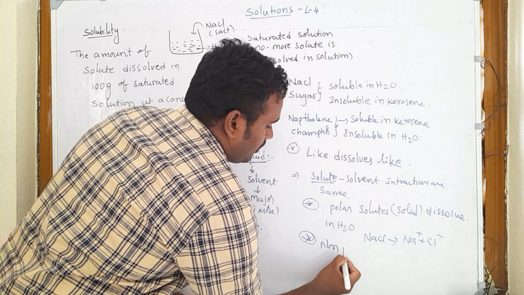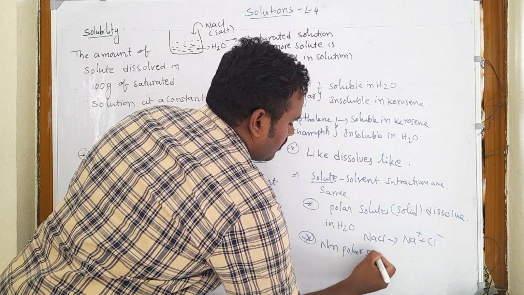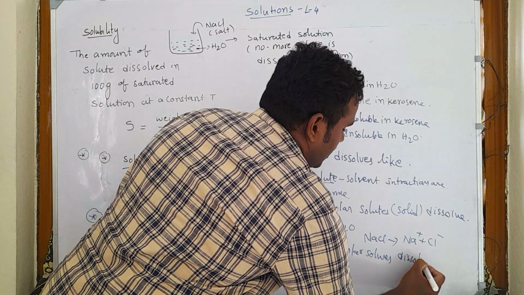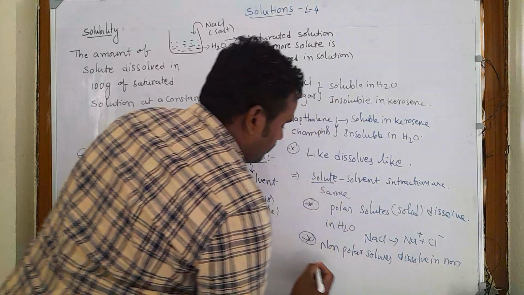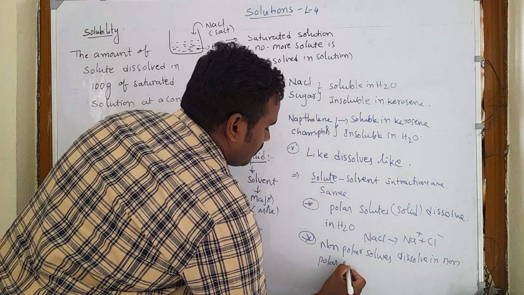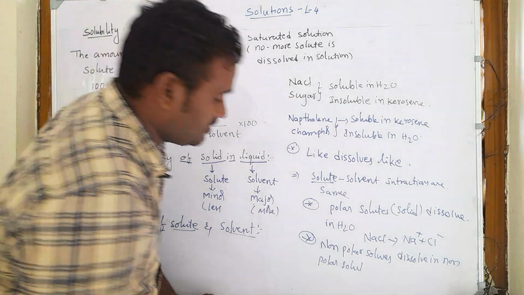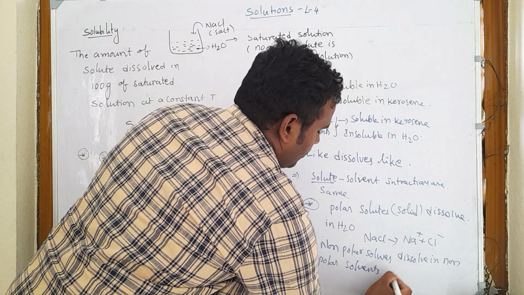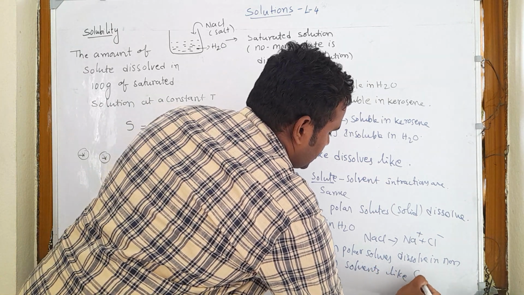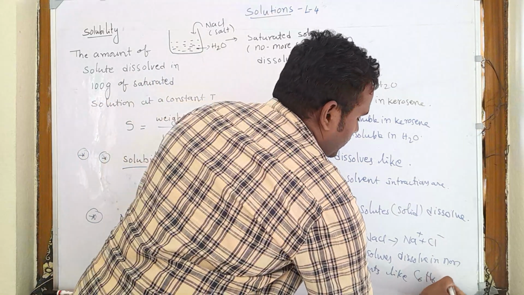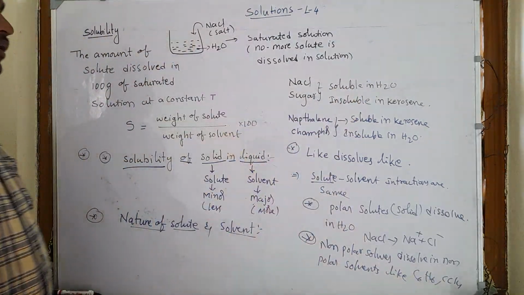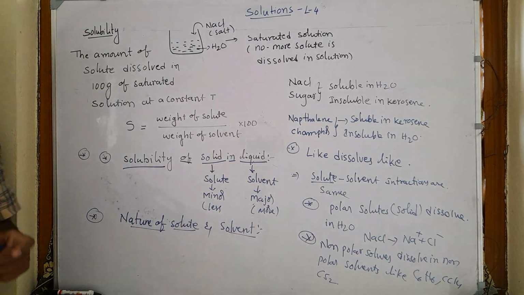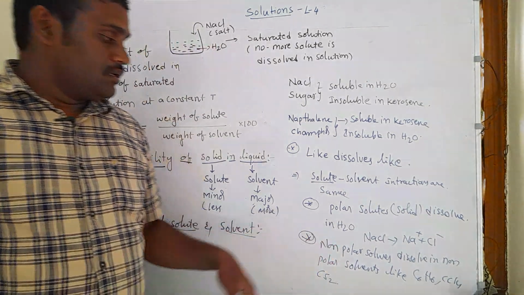solutes dissolve in non-polar solvents, like C6H6 benzene, CCl4 carbon tetrachloride, CS2 carbon disulfide, etc. These are examples of non-polar solvents.